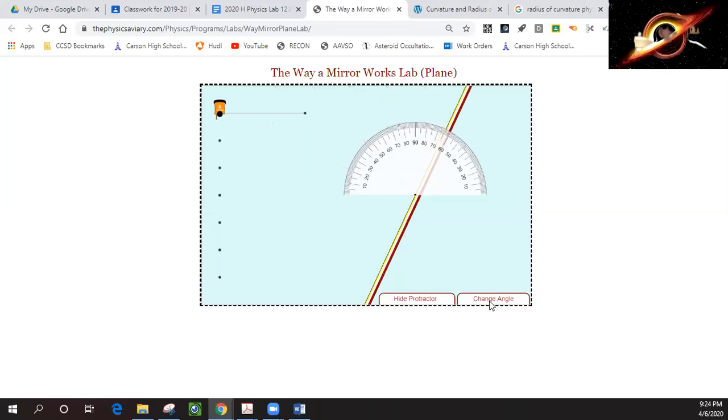We can change the angle. So this angle here is 60 degrees, and the incident angle is coming in at 60 degrees. And it looks like it's bouncing out at about 30, so 90 minus 30 is 60 degrees. So incident angle equals reflected angle.